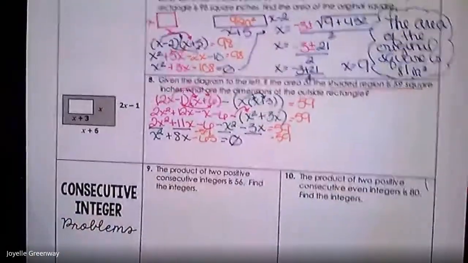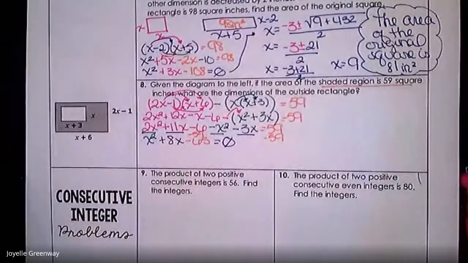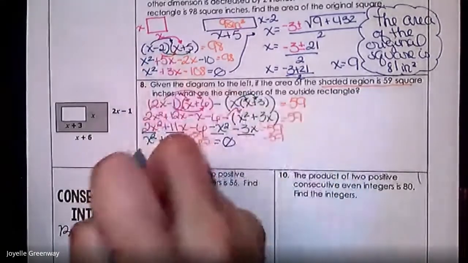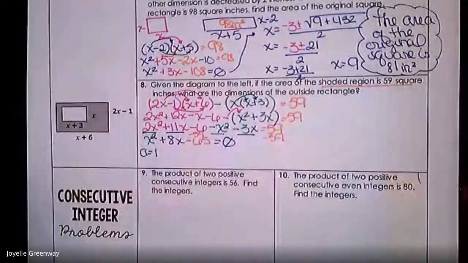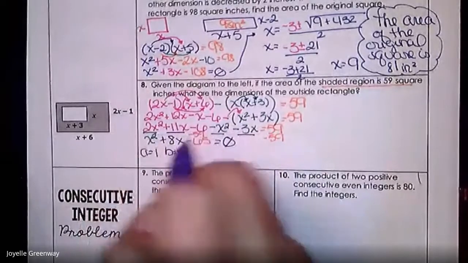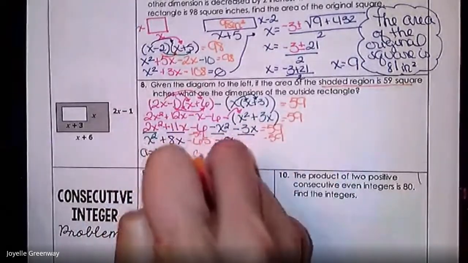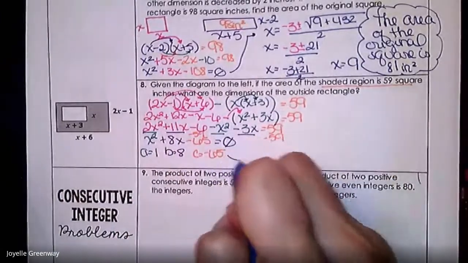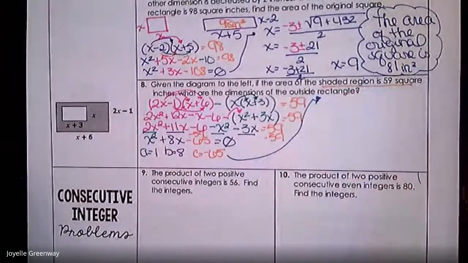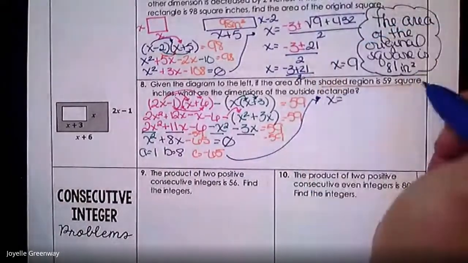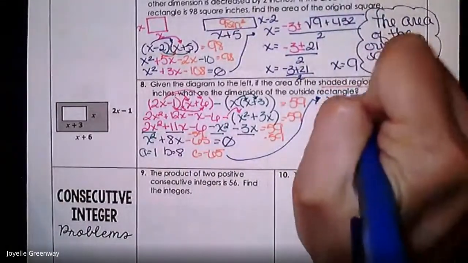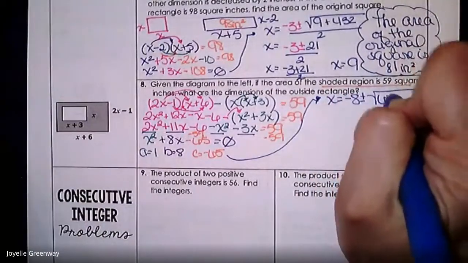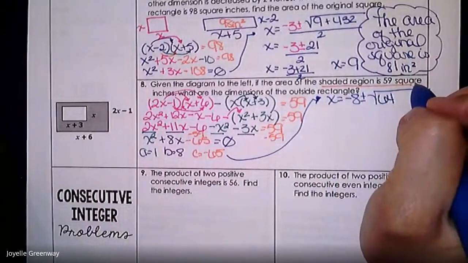And now I can solve my quadratic equation. So you know that I love my quadratic formula. So A is 1, B is 8, and C is negative 65. So once I do my quadratic formula, I get x is equal to negative b, so negative 8, plus or minus the square root of 8 squared, which is 64, minus 4 times a times c.